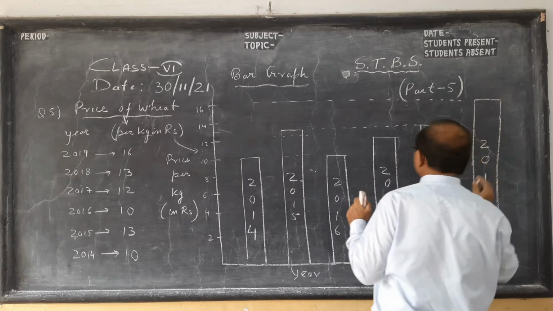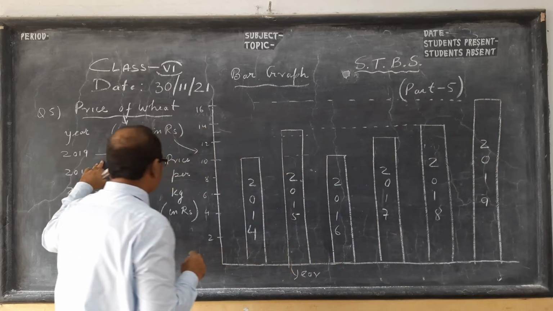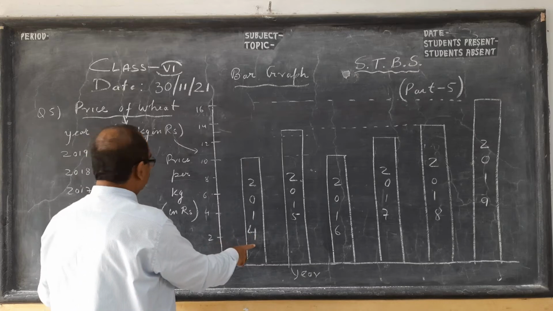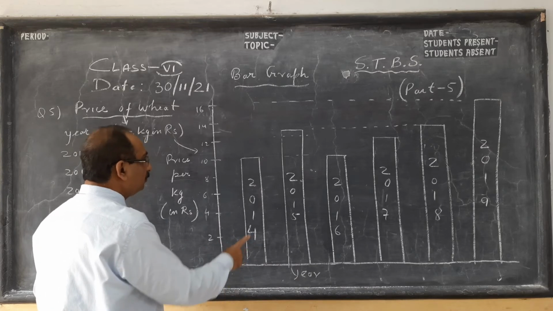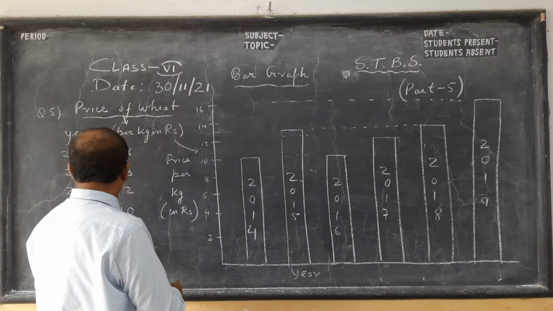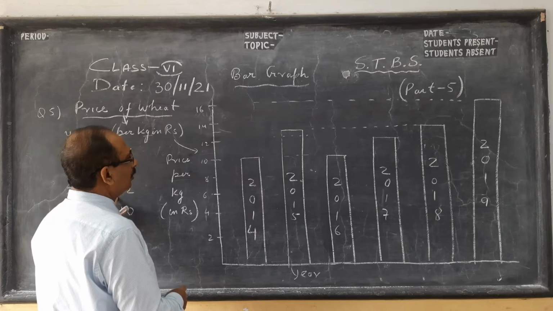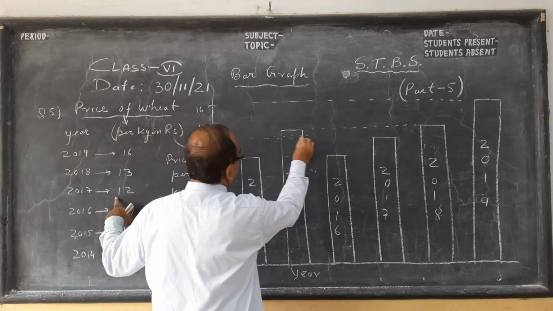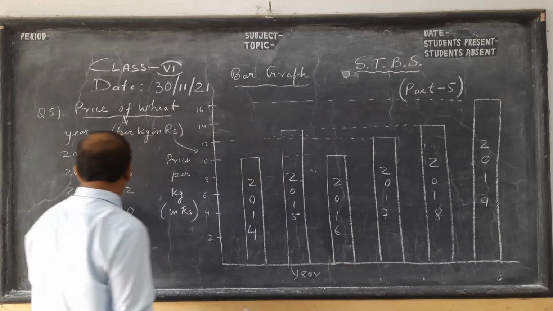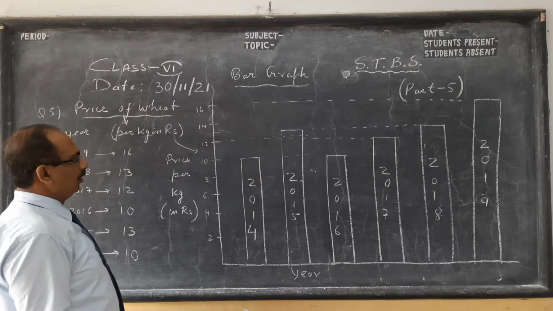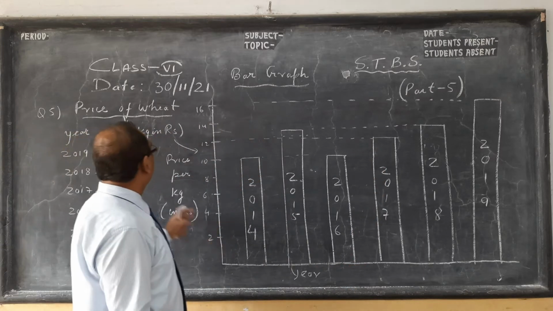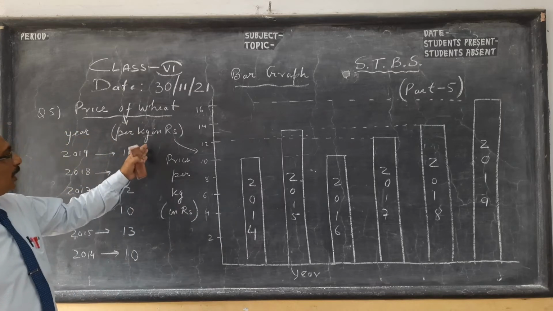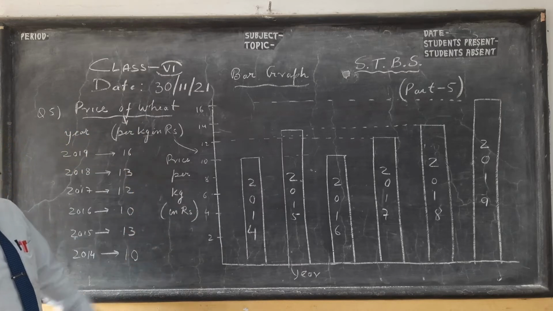So once more, 2014 is 10, 13, 10, 12, this is 12, children, then 13, then 16. Here we have the price of wheat per kg in rupees.